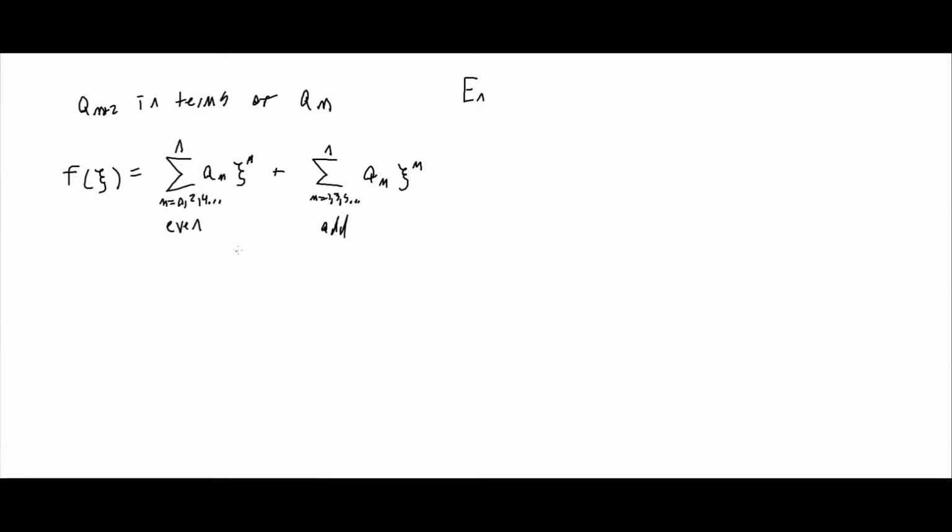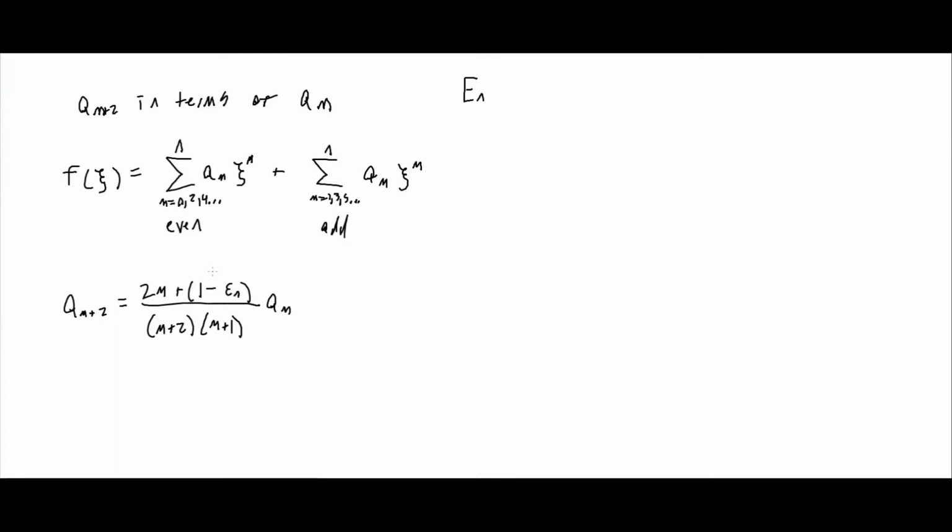And we also want, like I said, this to terminate. So we had our relation where a sub m plus 2 was equal to 2m plus 1 minus epsilon n over 2, over m plus 2 times m plus 1, and that was times our a sub m.